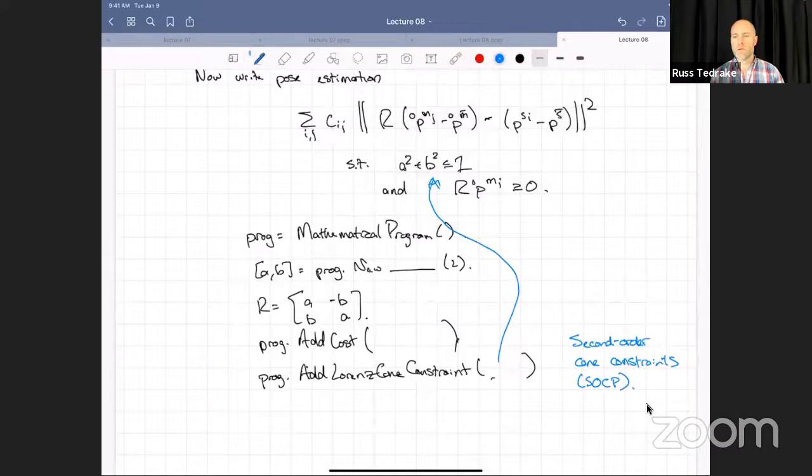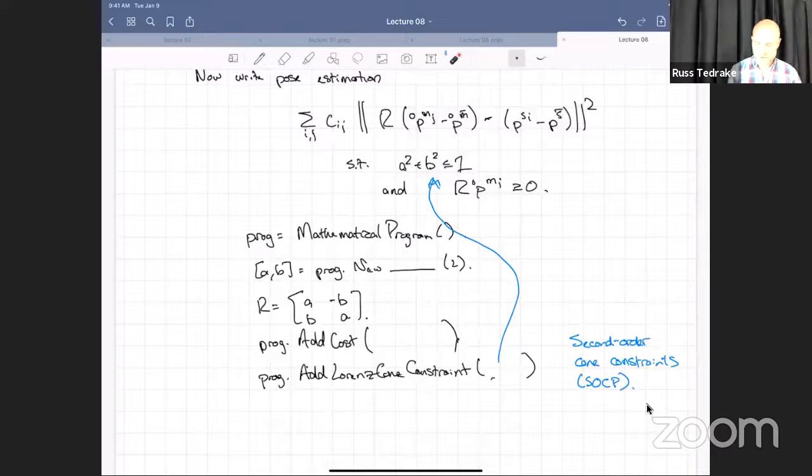I know some people know them well, some people haven't seen optimization. I'm not expecting you to suddenly be masters of SOCPs because I wrote them once on the slide. But I hope it gives you a place to read more if you're interested, and there'll be links in the notes. I think it's sufficient to be a user of this to just appreciate the way that it gets added in.